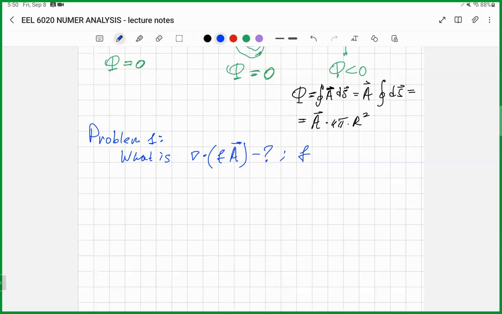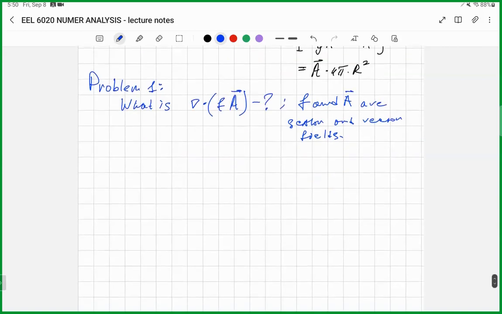Here f and A are scalar and vector fields. The product of a scalar function and a vector function, of course, is a vector function. And since this is a new vector function, we can take the divergence of this field.